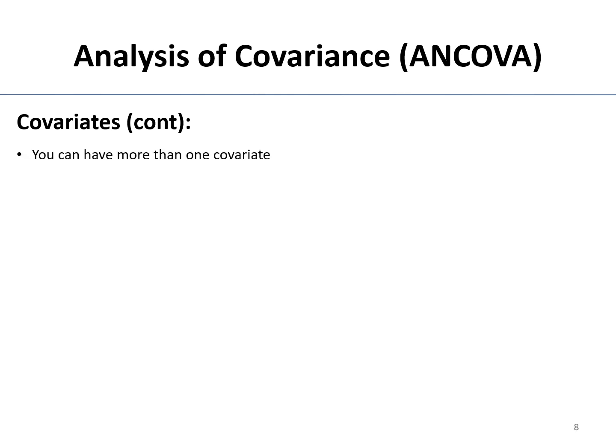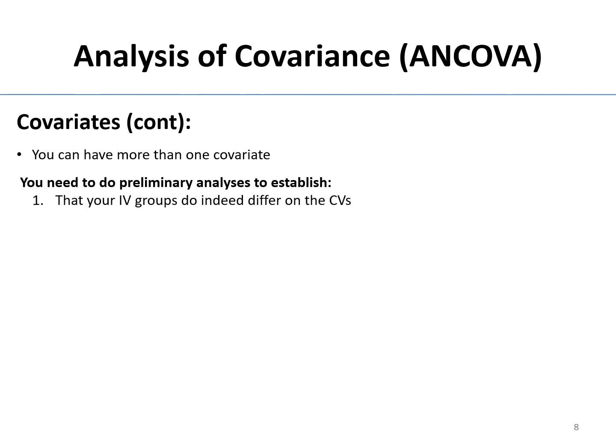So a little bit more about covariates. You can have more than one of them in a study. What you should do before you go throwing a bunch of covariates into an ANCOVA is establish a couple things. One, that your independent variable groups do indeed differ on each of the covariates. So if it's average age, for example, and the average age of your groups is different, if you think age is a potential confounder.